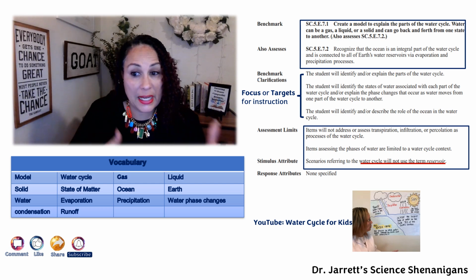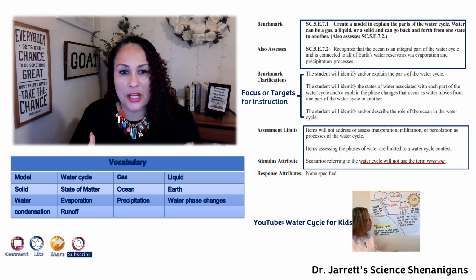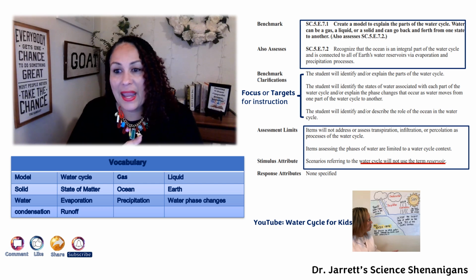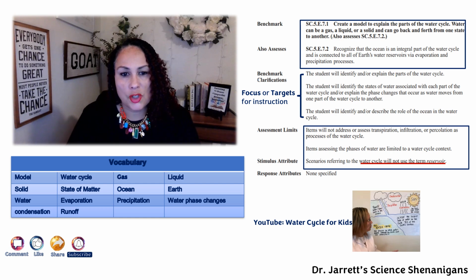However, they do need to work with creating a water cycle in your classroom so that the students will then be able to identify and explain, identify and or describe, because those are the vocabulary terms that they're asking the students to do. So what are they asking them to do is identify and explain or identify and describe, but in the classroom they will need to create some type of water cycle.